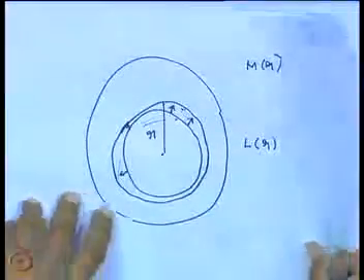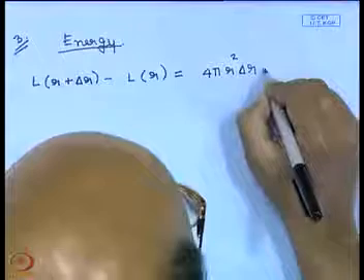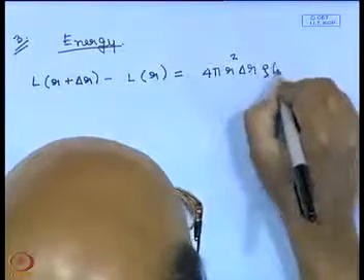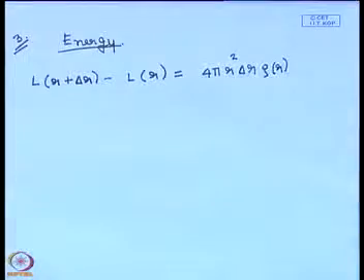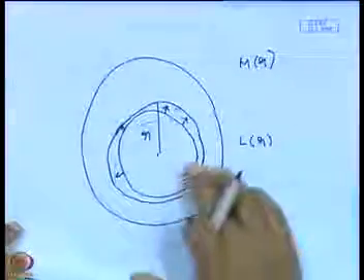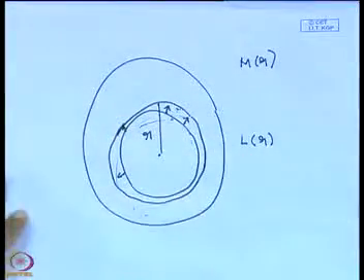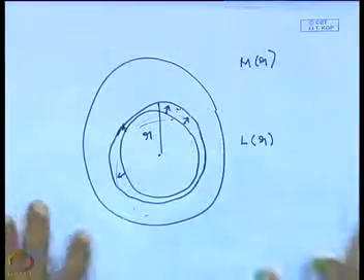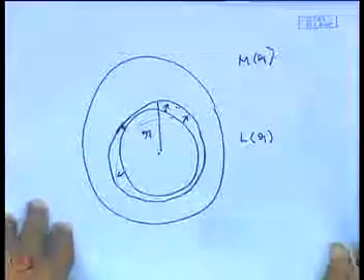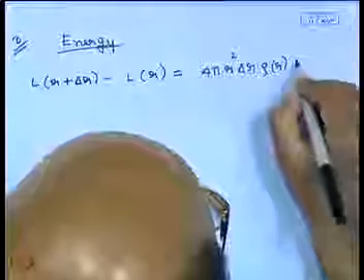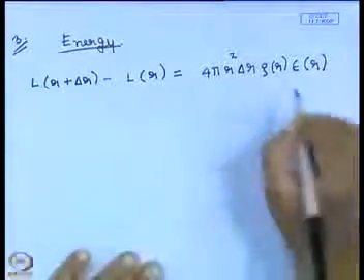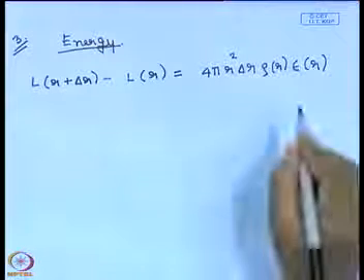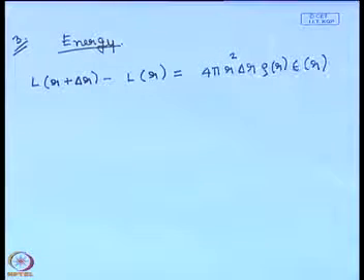So, into the density rho r, into the energy generation rate, or the emissivity of this material, epsilon r. That is the amount of energy generated per unit mass of this material.